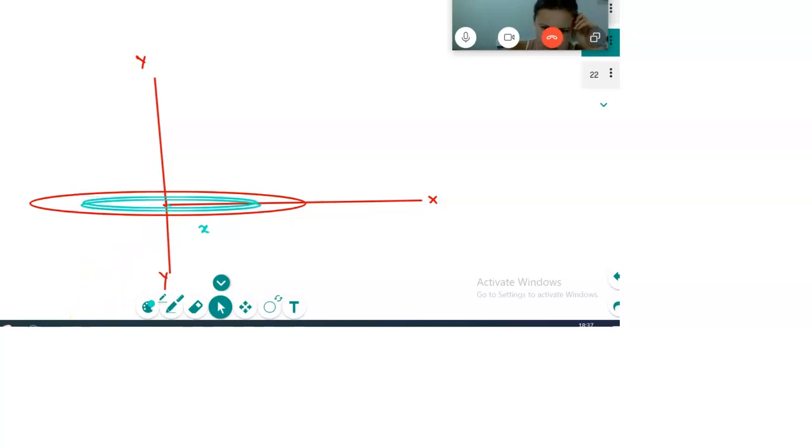Okay, this thickness, is it clear? This thickness will be how much? dx. Am I right? Yes, dx.